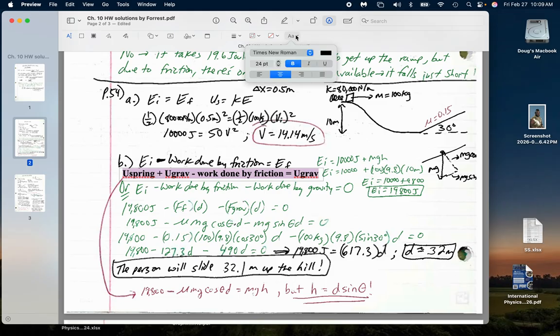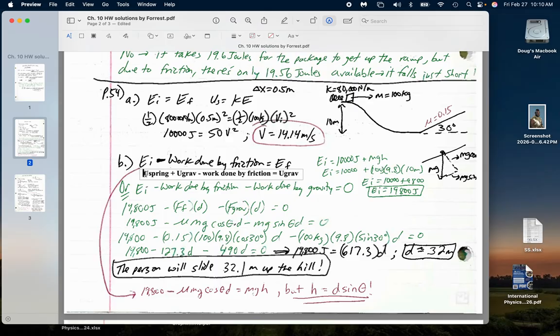I will make that smaller still. So I think that fixes that.